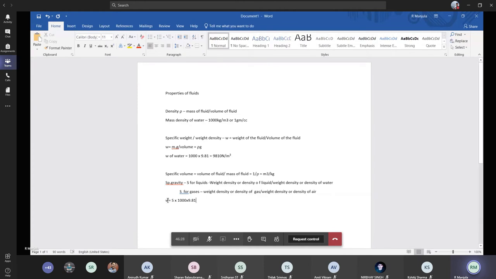So this is w of liquid, S into 1000 into 9.81. I can write it like this. So what is the unit? Newton per meter cube. Similarly, density of liquid.